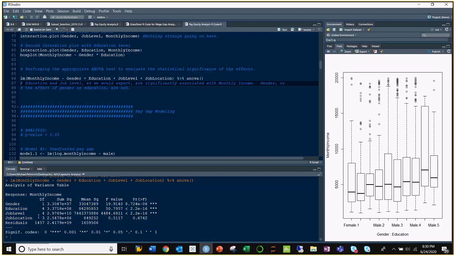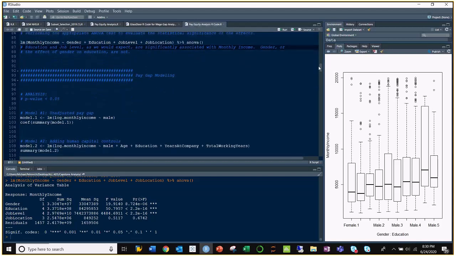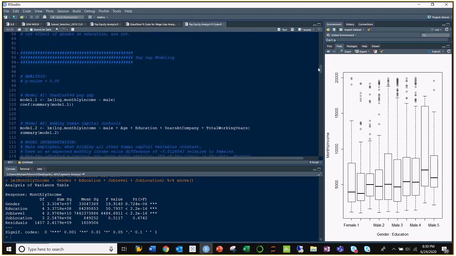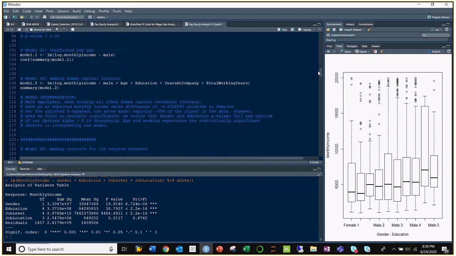All right, so that's an important finding right there with regards to job location. It's also an important finding to understand that gender in this particular model does play a role. But we want to technically plug in more variables than that because our compensation philosophy includes additional variables.